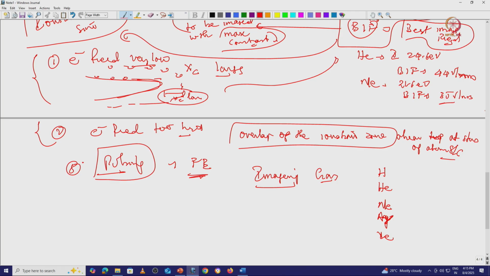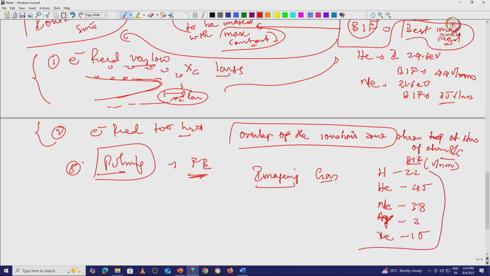They have different BIF values. For hydrogen it is around 22 volt per nanometer. For helium it is 45, for neon it is 38, argon around 2, and xenon around 15.